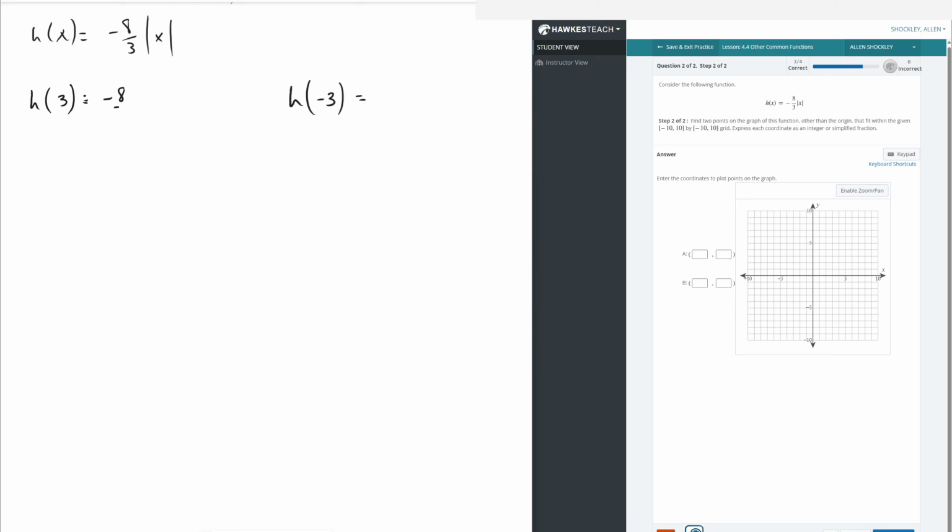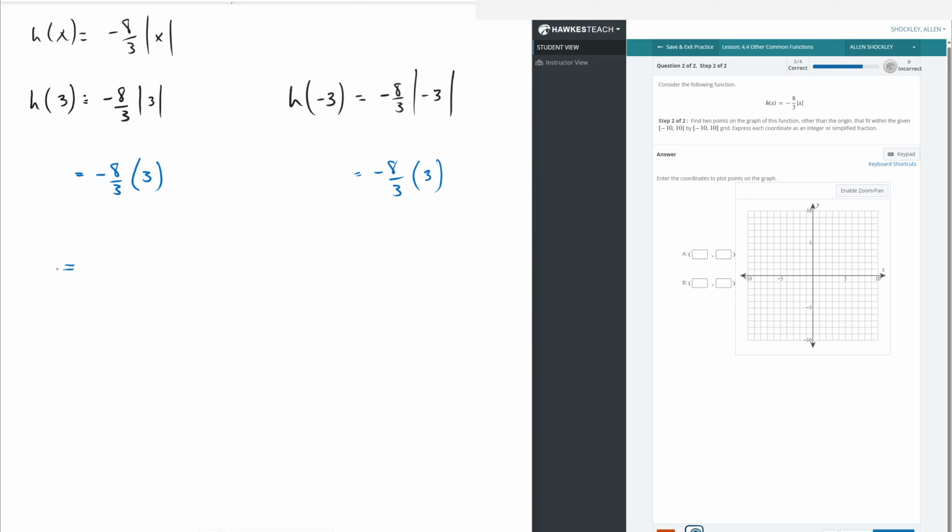So negative 8 over 3 times the absolute value of 3. And we have negative 8 over 3 times the absolute value of negative 3. This again is just negative 8 over 3. The absolute value of 3 is 3. And over here, if we have negative 8 over 3, the absolute value of negative 3 is a positive 3.